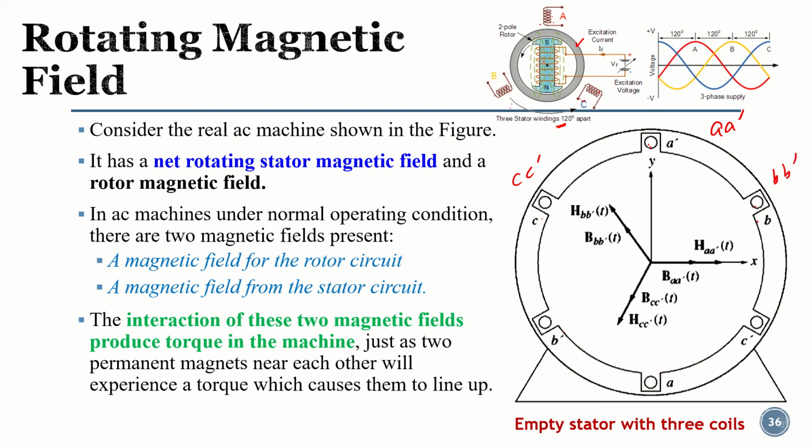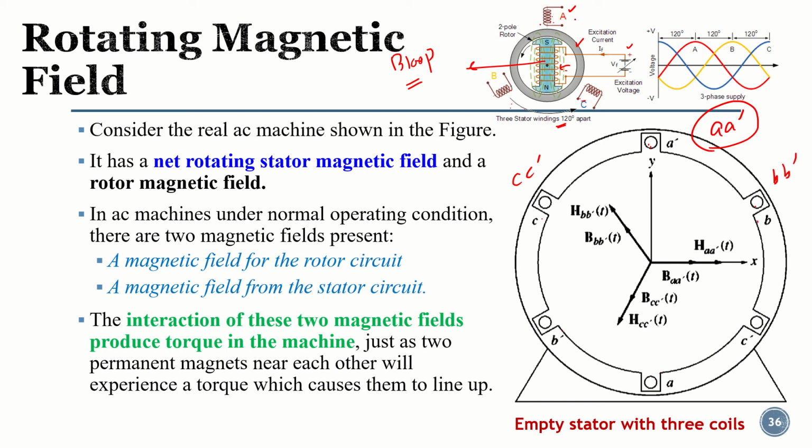Now inside we have a rotor, and to the rotor we are supplying DC, and we get the rotor magnetic field, the loop of the rotor magnetic field, and we also have a stator magnetic field. Now what is happening in real AC machines is that to the coils, represented by A dash, we supply a 3-phase input supply.